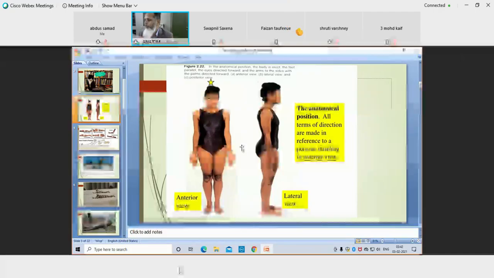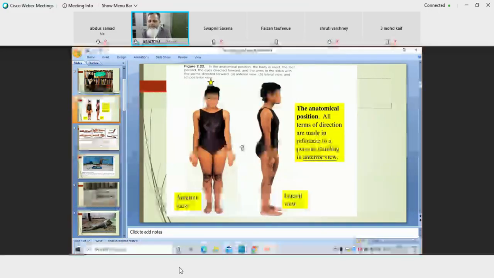Okay, so if you observe your own forearm and arm, it is somewhat flat and not a round structure. So the flat part is known as the surface, the anterior one is the anterior surface or flexor surface, and the posterior one is the extensor surface. Similarly, the part on the medial aspect is known as the medial border, and the part on the lateral side is known as the lateral border.